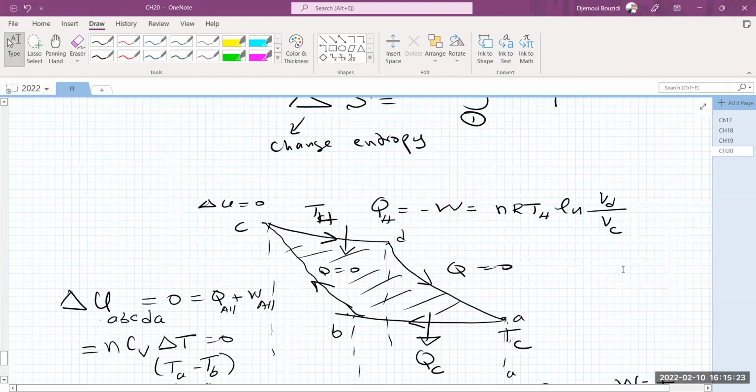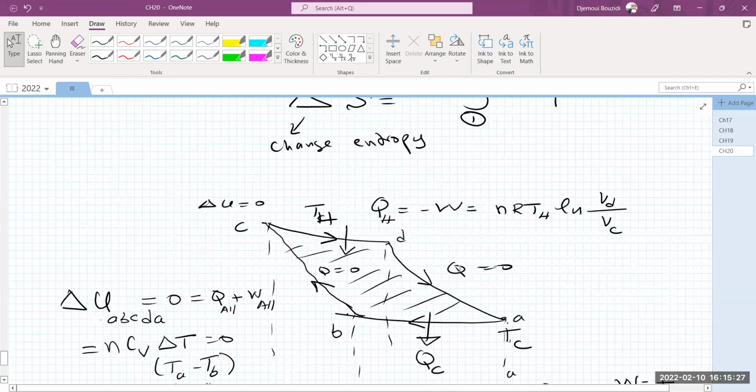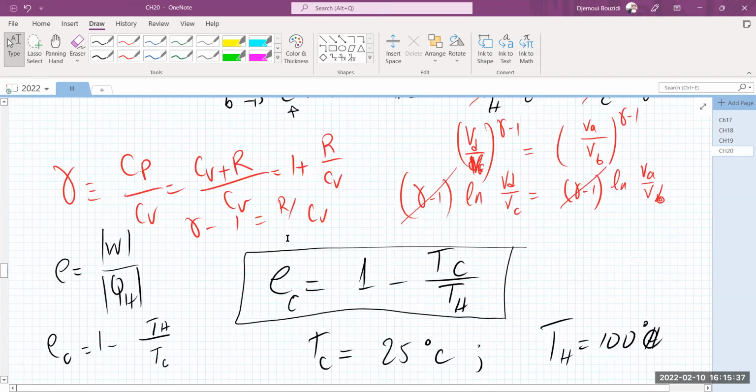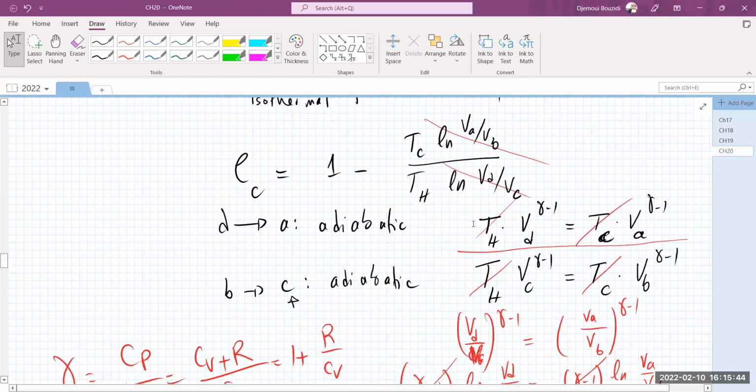This ln and this ln are the same value, and I made the argument for them using the relationship between this volume and this volume, and this temperature and that temperature, and the volumes. We actually made a big case for it last time. If you don't remember, go back to that argument where we showed that these ratios of the ln's are the same. That's why they cancel.